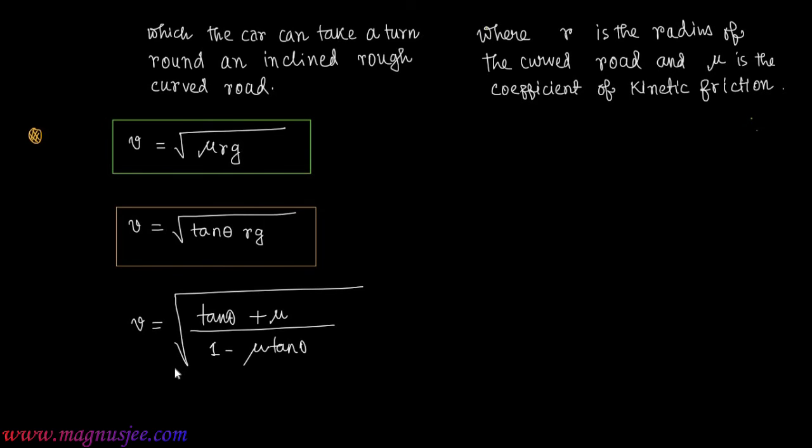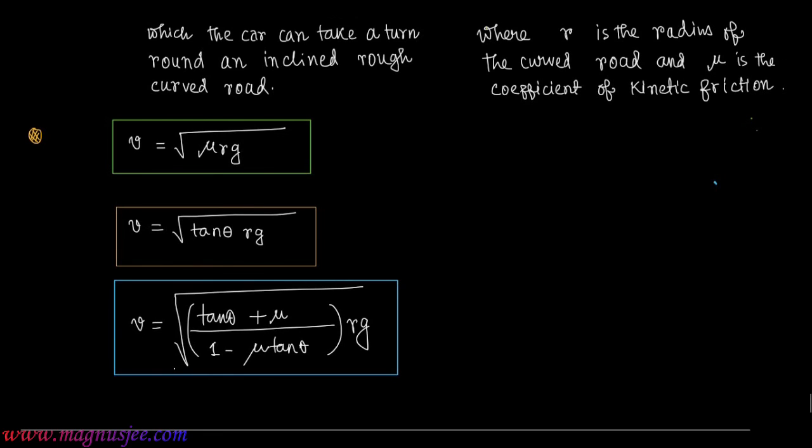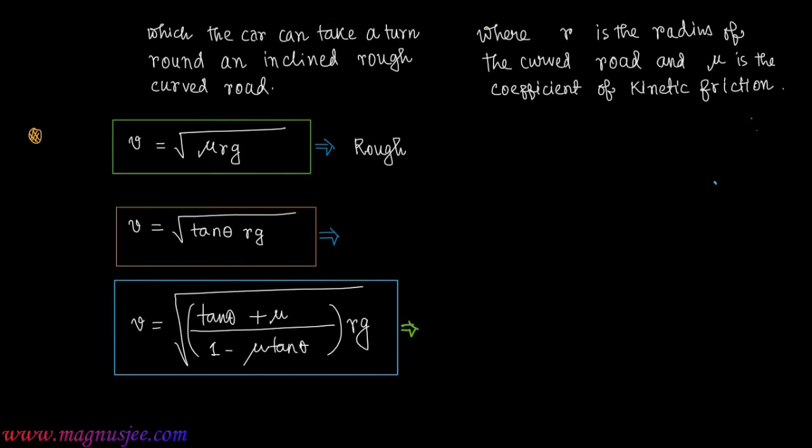Then v equal to root over tan theta plus mu divided by 1 minus mu tan theta into rg. These are the three expressions of velocity with which a car can take a turn around a curved road: v equal to root over mu rg, v equal to root over tan theta rg, and v equal to root over tan theta plus mu divided by 1 minus mu tan theta into rg.